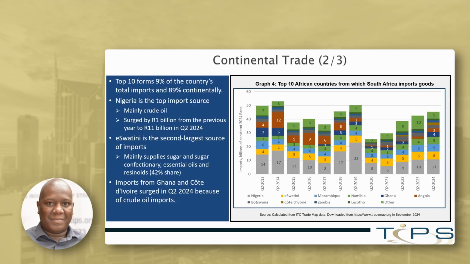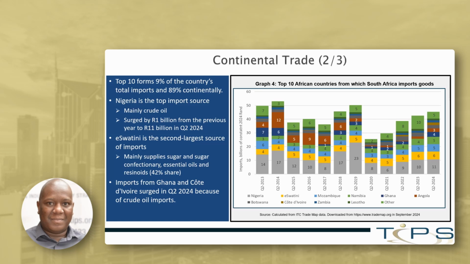Okay, so looking at the top 10 African countries which South Africa imports goods from. The top 10 forms 9% of the total imports and about 89% continentally. Nigeria is the top import source. As I've alluded, South Africa mainly imports crude oil from Nigeria, which surged by about 1 billion from the previous year to 11 billion in the second quarter of 2022.